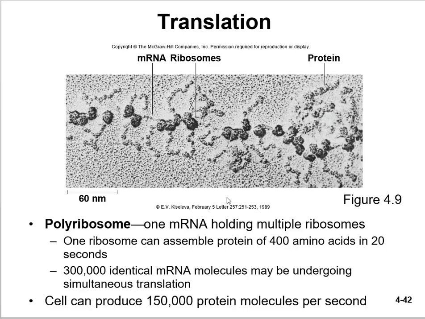One ribosome can assemble a protein of 400 amino acids in just 20 seconds. It's pretty fast. And 300,000 identical mRNA molecules can be undergoing simultaneous translation. So a cell can produce 150,000 protein molecules per second.